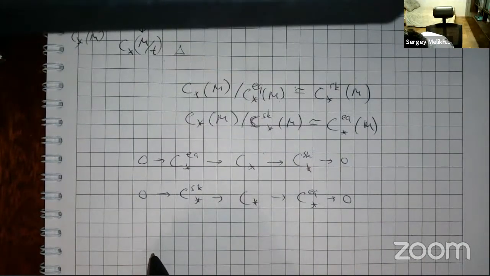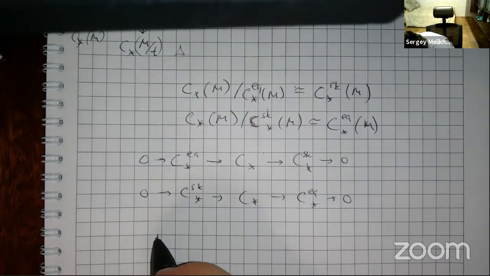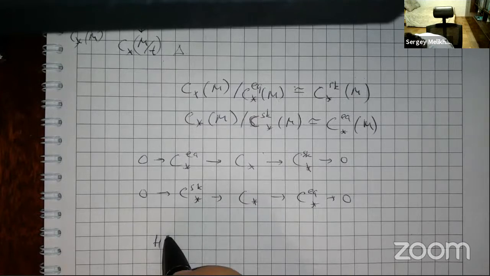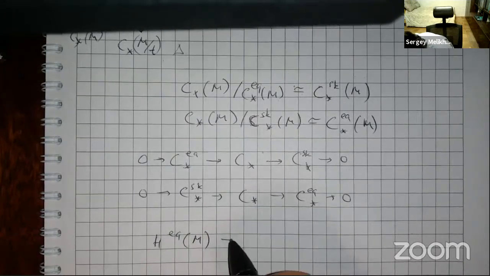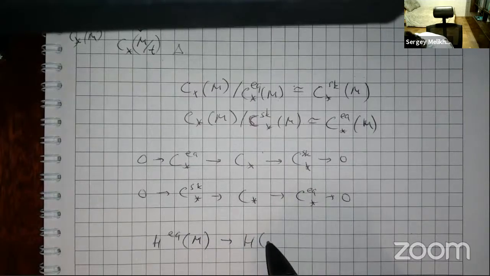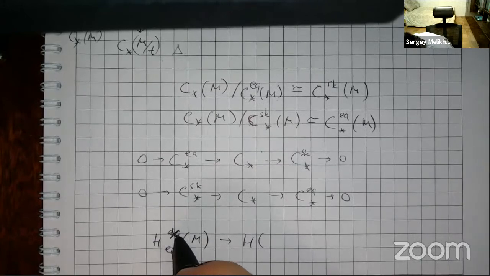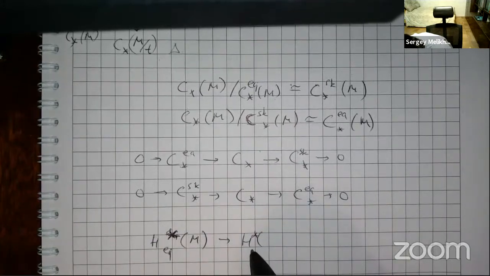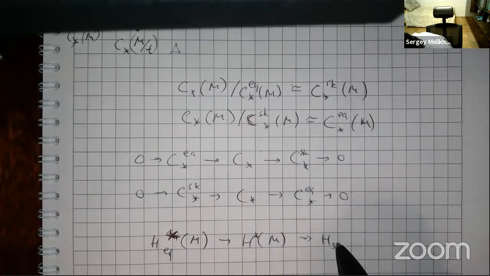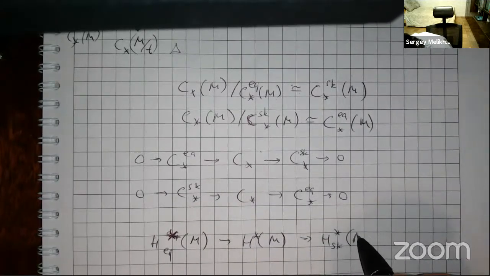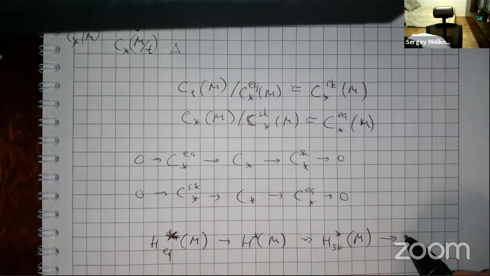In cohomology, we are interested in the equivariant cohomology of M, which goes to the usual cohomology of M, and then to the skew equivariant cohomology.